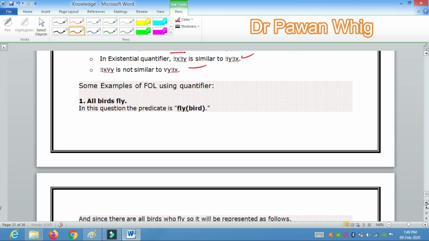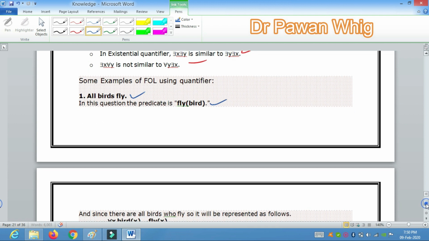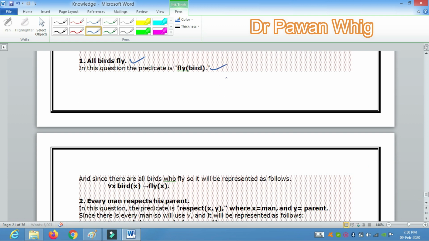So let us take some examples of FOL. All birds fly. So this we can write like this: bird, fly, simple. This is the propositional logic kind of thing, and by this we are representing with propositional logic. And by this, because we are saying all birds, for all birds, this sign is very important, because for all you have to use this implies sign, and fly.